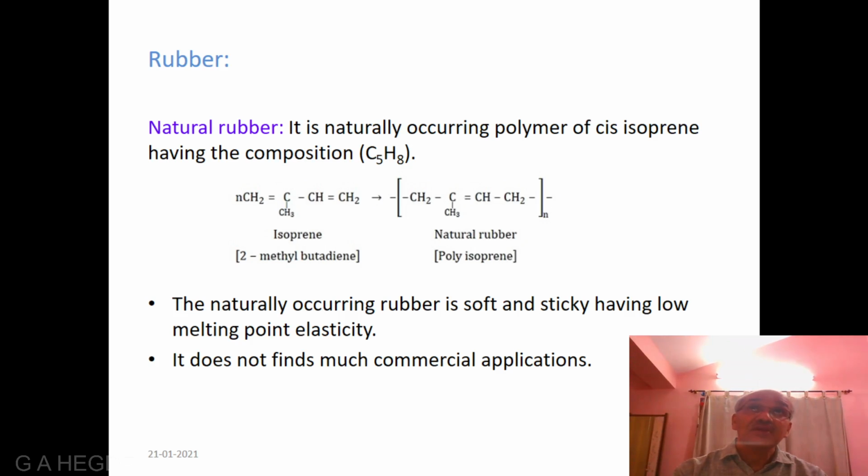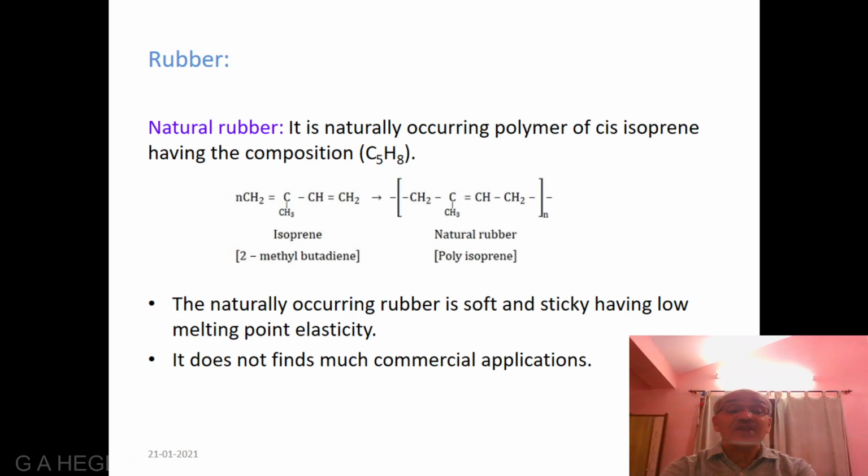The next is rubber. There are two types: one is natural rubber, another one is synthetic rubber. Natural rubber is a naturally occurring polymer of cis-isoprene having the composition C5H8.